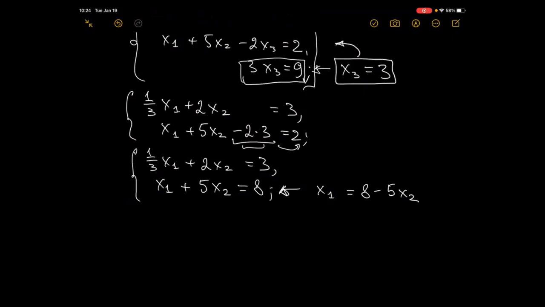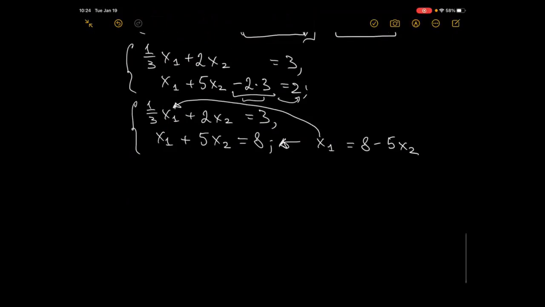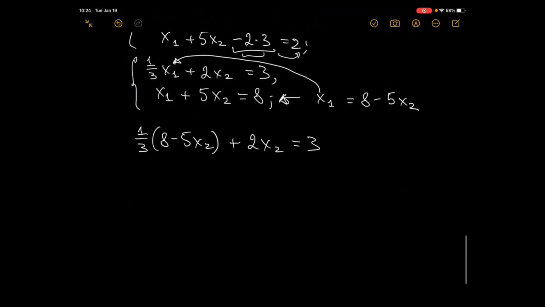Now I will substitute this x1 into here, and I will get 1/3 times (8 minus 5x2) plus 2x2 equals 3, right? Now I have just the equation for one unknown, which I can solve. So 8/3 minus 5/3 x2 plus 2x2, which is 6/3 x2, equals 3.